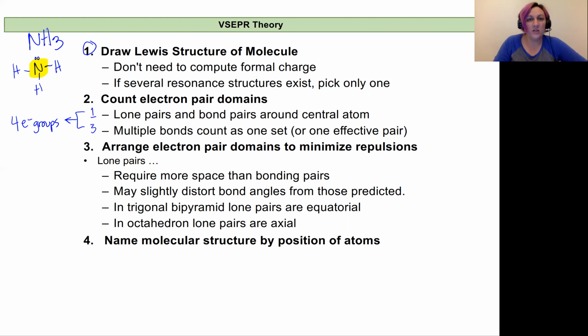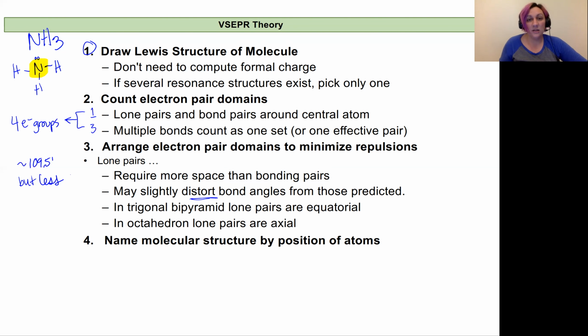Now I'm going to arrange those domains to minimize their repulsions. So I need to get 4 things as far apart from each other as possible. That's going to be about 109 degrees, but I know it's going to be distorted more than that. And that distortion is going to come from the lone pair.